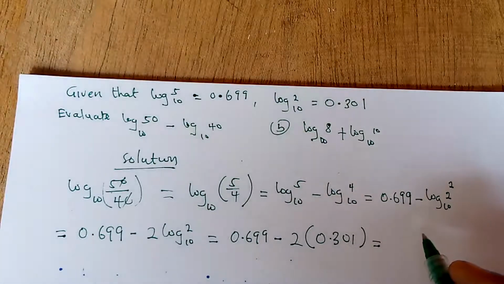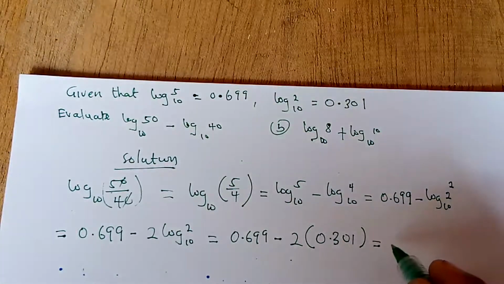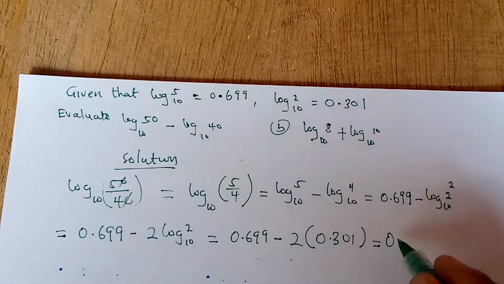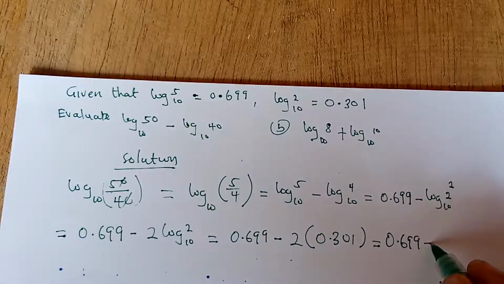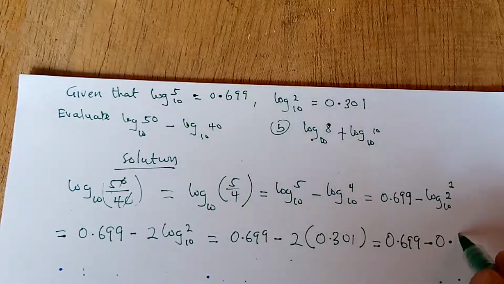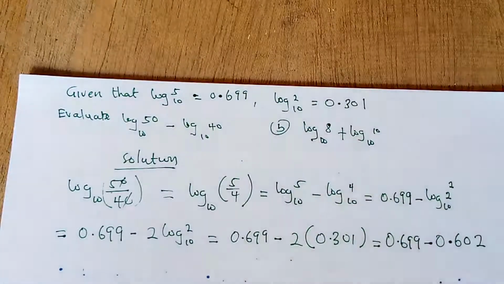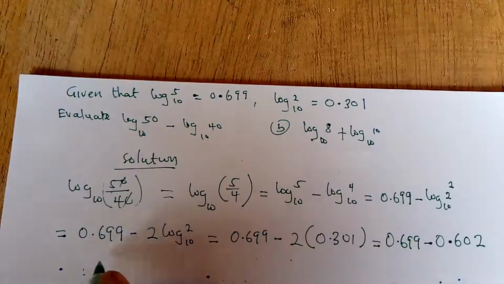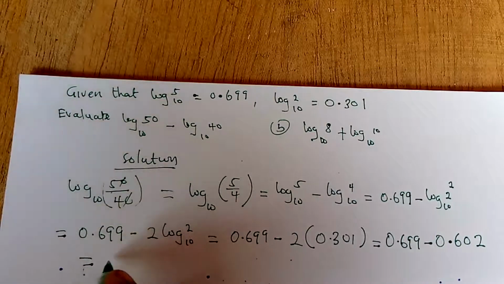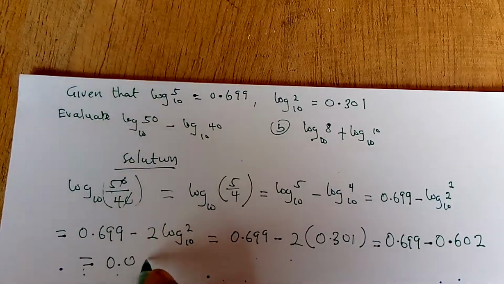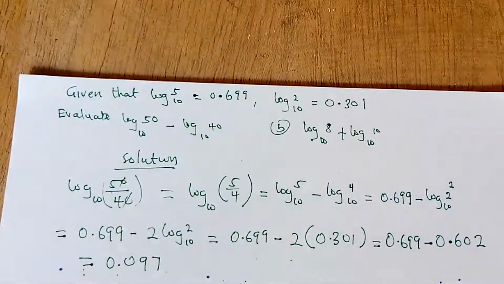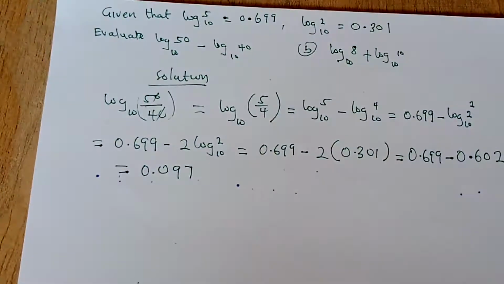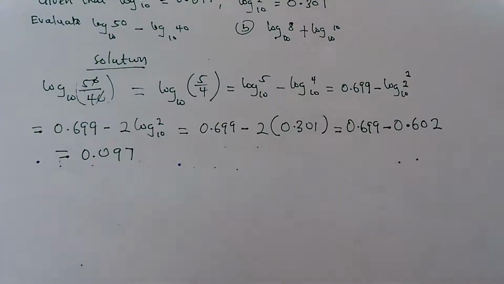So I'll have 0.699 minus 0.602. By performing this operation, our answer would be 0.097. Okay, so let's move on to the next question and see how we can tackle it.